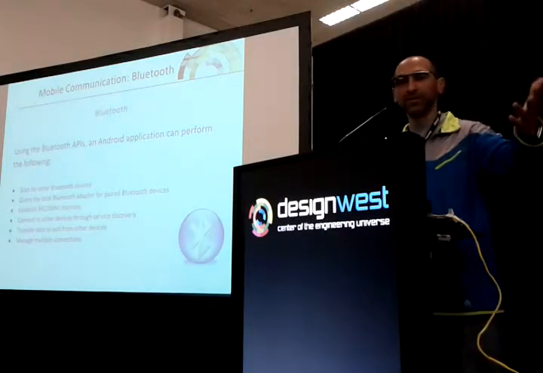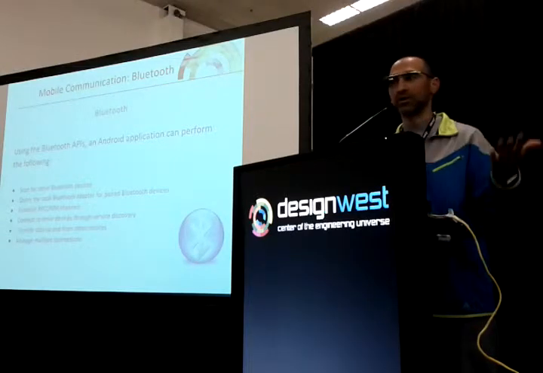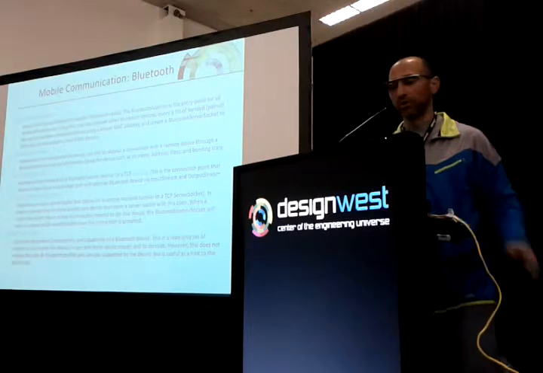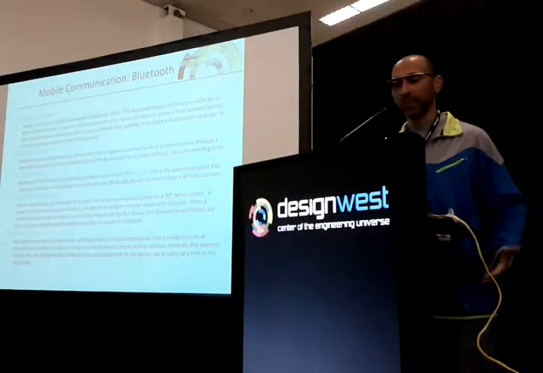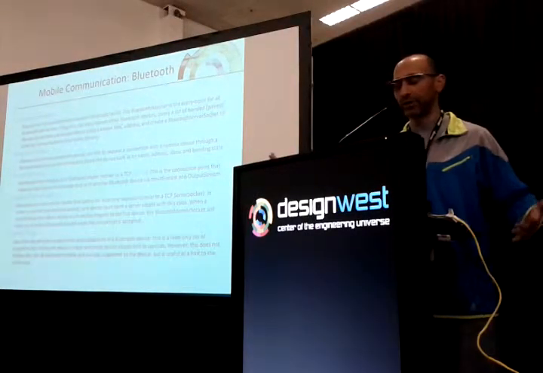So I want to talk a little bit about Bluetooth, because when you do embedded development, 90% of the time, you have something a couple meters away from you. You need to get it into the cell phone so you can transmit the information. Bluetooth is fantastic. So Bluetooth on Android, very easy to do. You get this Bluetooth adapter. With the Bluetooth adapter, you can find all of the devices that are around you that you can link to.